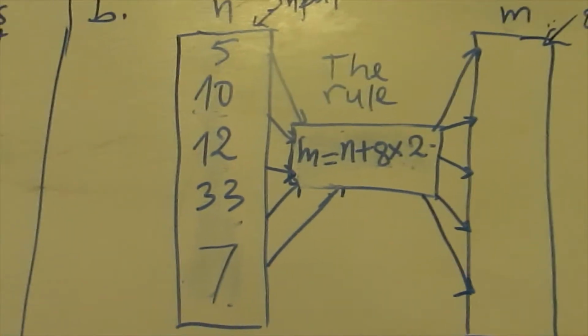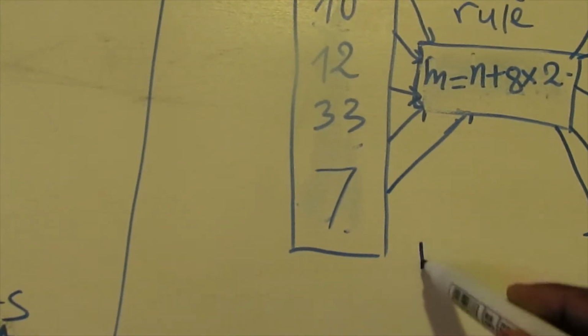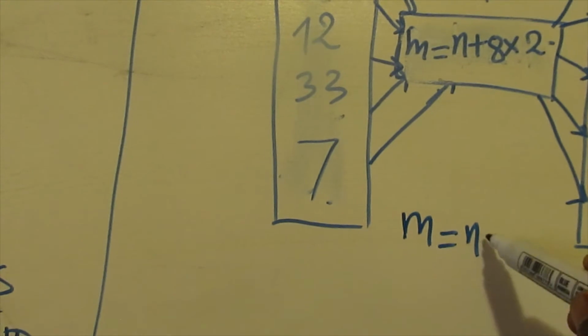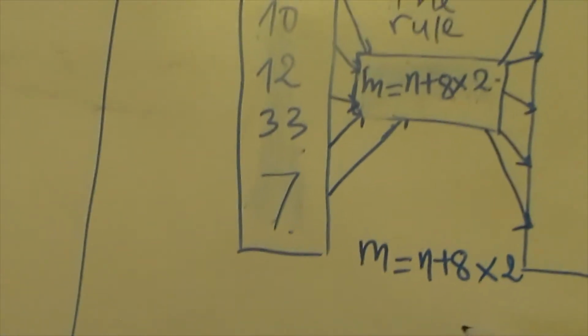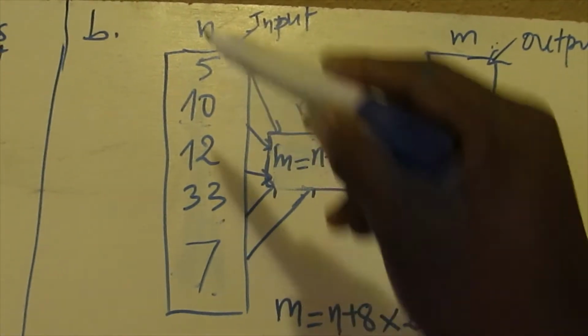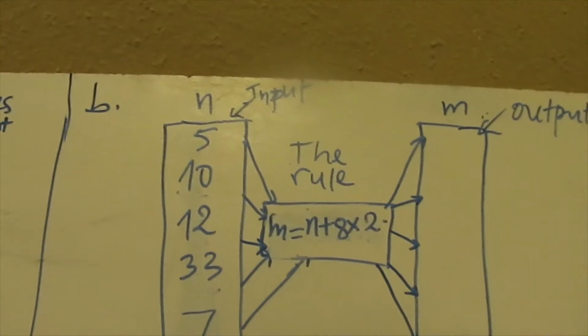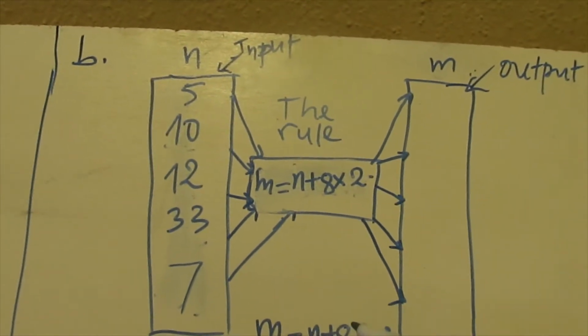In the rule there we see M equal to N plus 8 times 2. So we must first identify our N. Our N is our input. Then the M that we are looking for is our output.